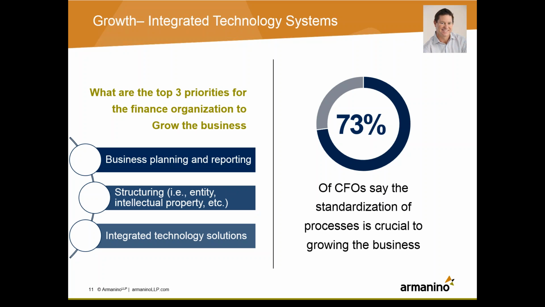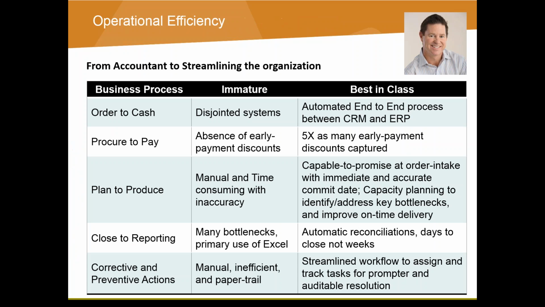In fact, on that last point, 73% of our survey respondents said standardization of processes is absolutely critical to growing their overall business. And if you look across some of those key operational efficiencies, and really allowing the accountant to streamline the organization, the first was the order to cash business process.